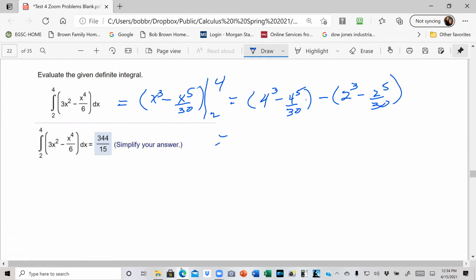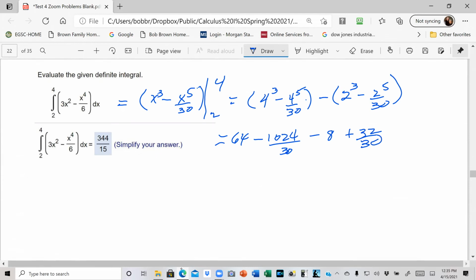And this equals 64. 4 to the 5th happens to be 1024, so 1024 over 30. 2 cubed is 8, so it's minus 8. And then we have minus 2 to the 5th, which is 32 over 30.